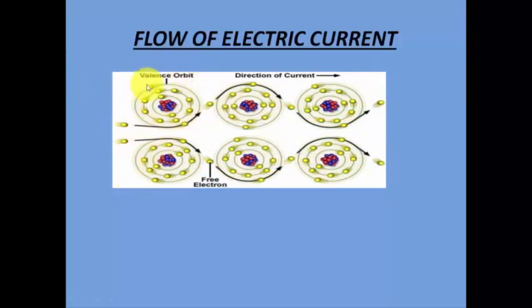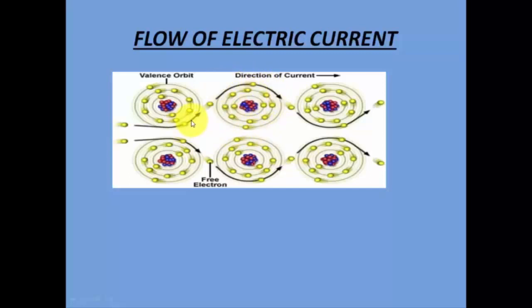See, this is one atom, and the nucleus here consists of neutrons and protons. These are the orbits, and in the outermost orbit you have one electron. Then you have another atom in which again you have one nucleus, and in the orbits you have electrons.